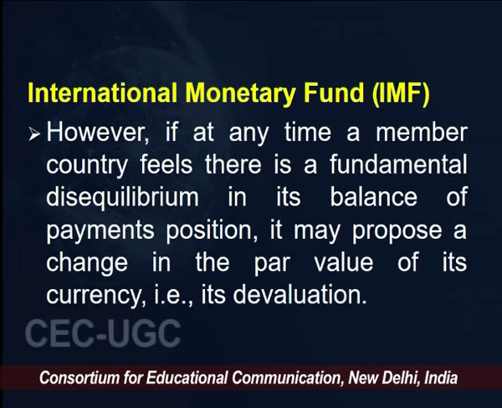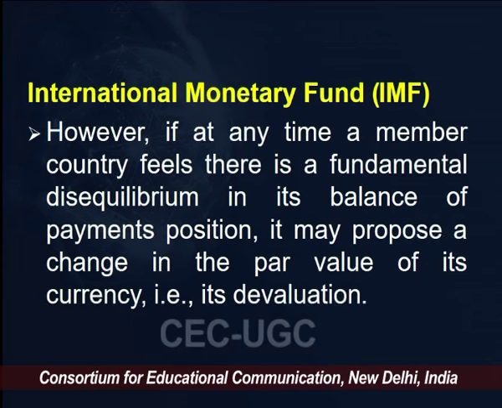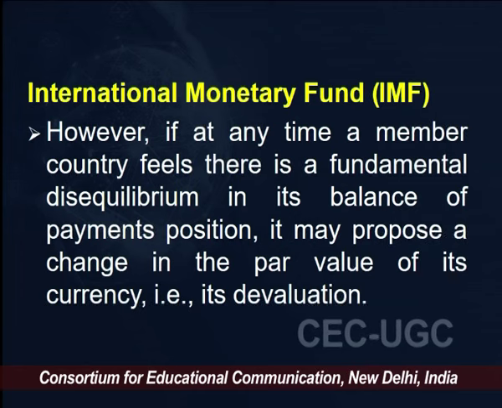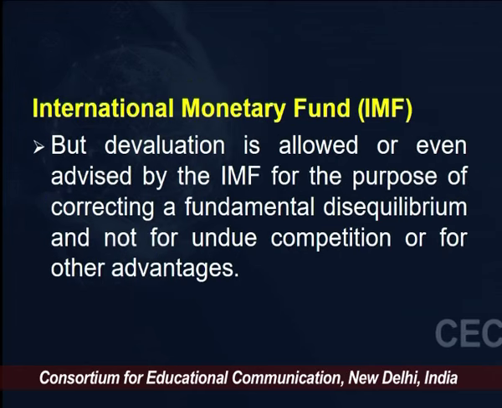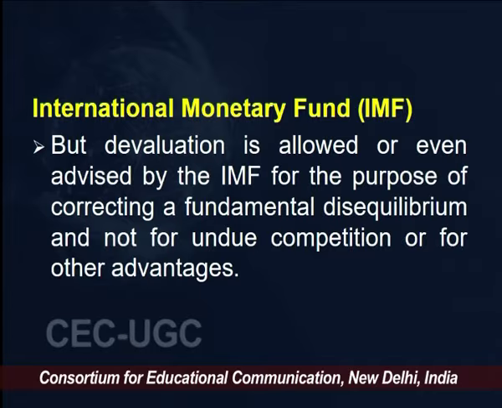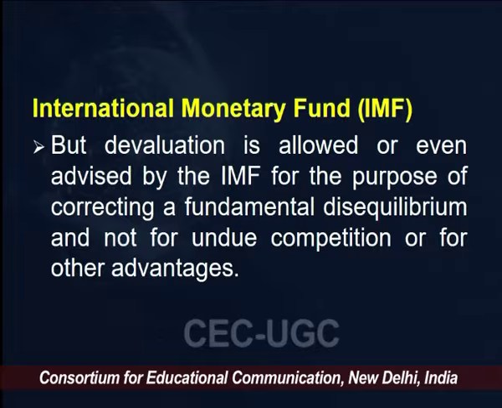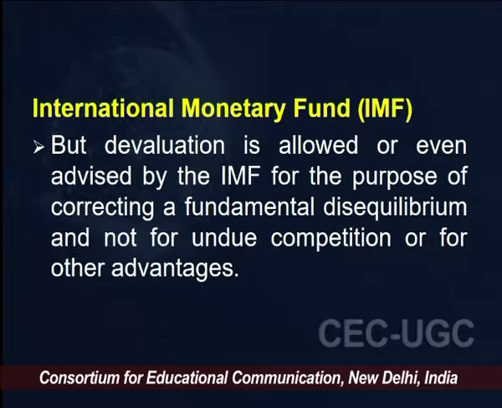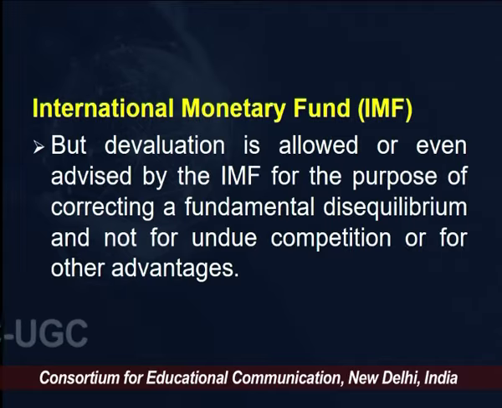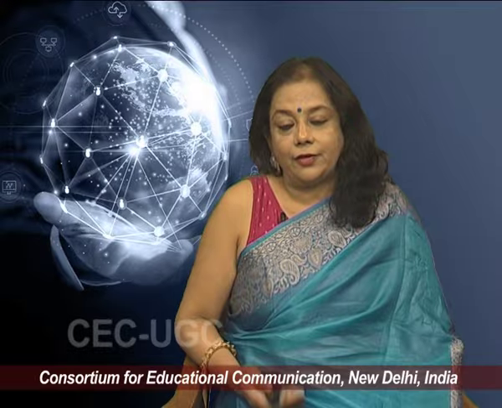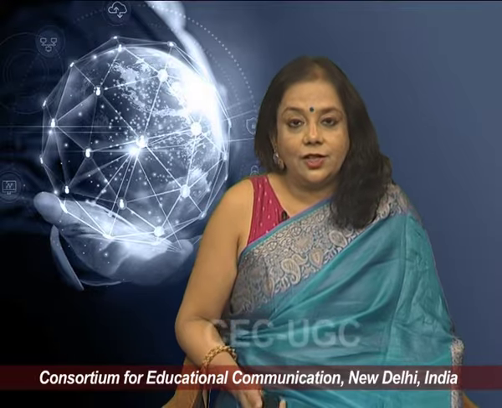So, many countries go for devaluation by applying to the IMF. But devaluation is allowed or even advised by the IMF for the purpose of correcting a fundamental disequilibrium and not for undue competition or for other advantages. So, they cannot take the benefits of export or import by just devaluation.